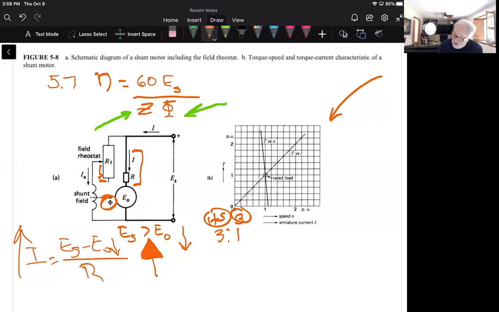And now beyond this 3-to-1, he tells us that physically there are problems with stability and commutation within the motor, so it's difficult to go beyond that 3-to-1 ratio.